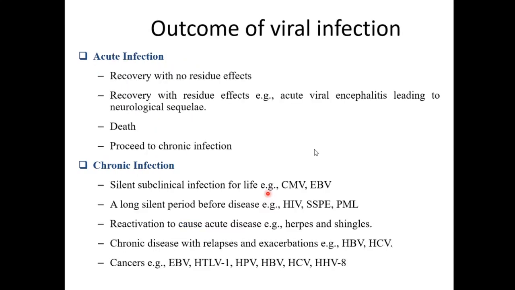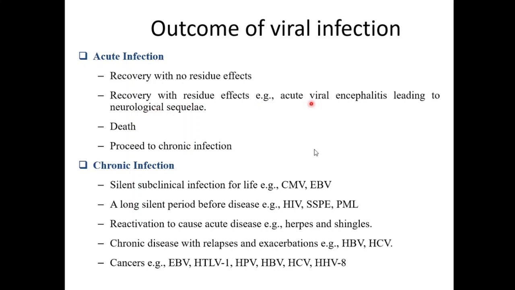As outcome of viral infection, once successful, it can be acute infection or chronic infection. So acute infection recover with no residue effect. There is nothing else. It's completely cured. And some can lead to permanent scarring.